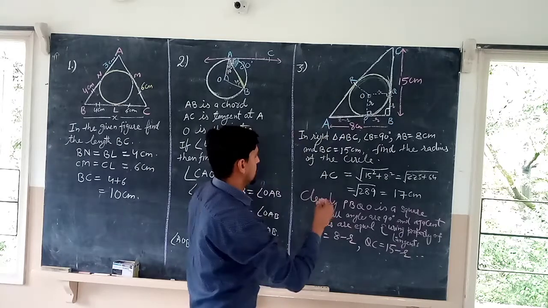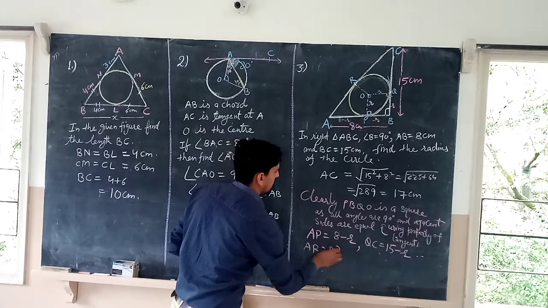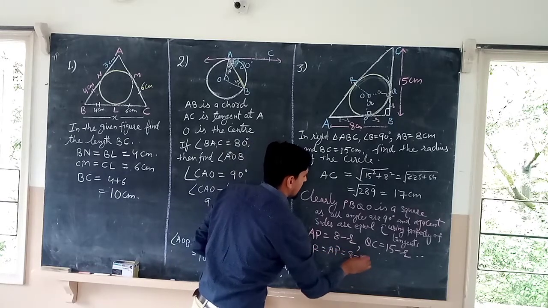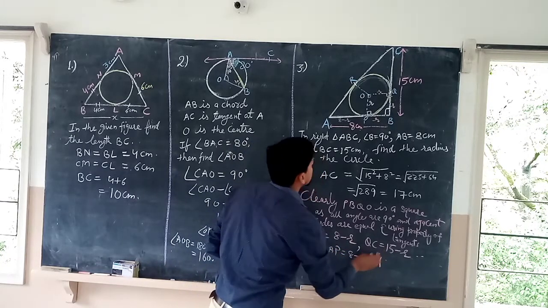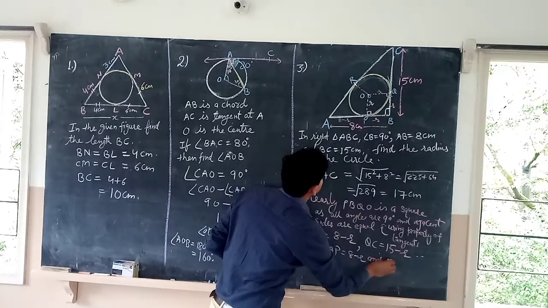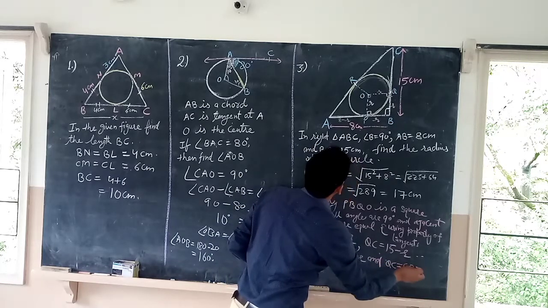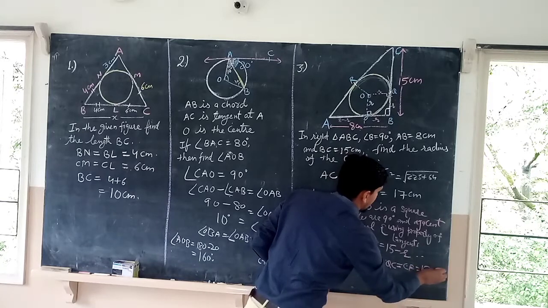So AR is equal to AP, which is equal to 8 minus R, and QC is also a tangent from C. That means QC is equal to CR, which is also equal to 15 minus R.